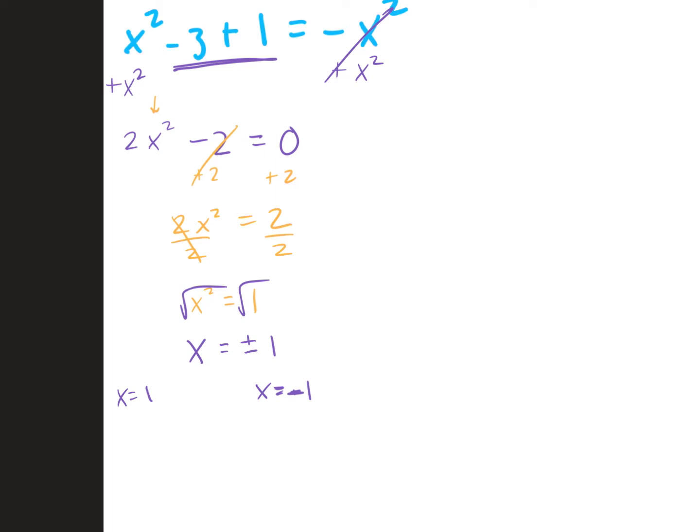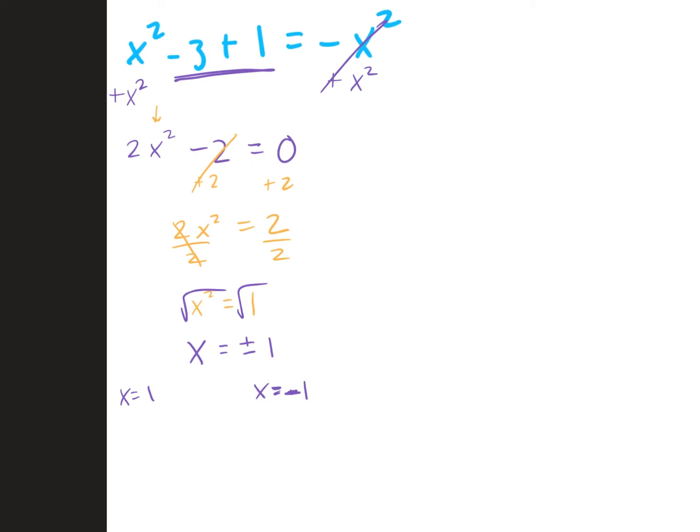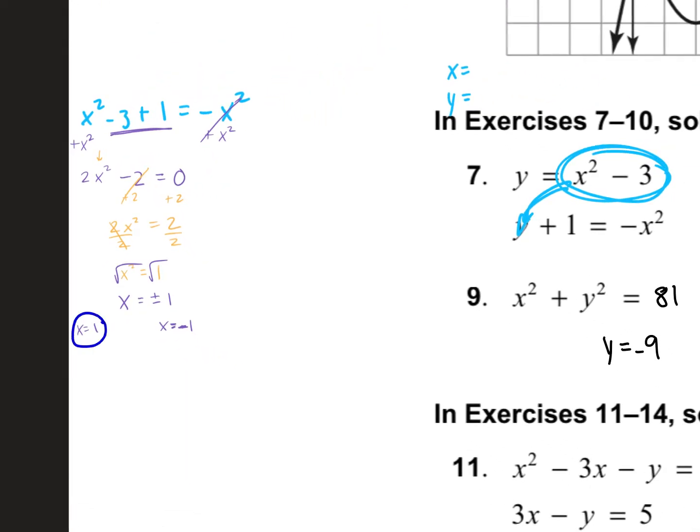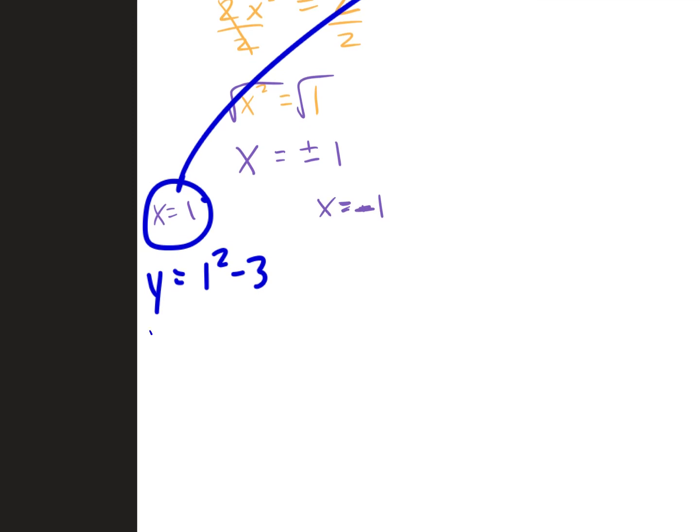Now how can I find the y's? Just plug in both x values into the original equation here. So I have y is equal to 1 squared minus 3. So y is equal to 1 minus 3, which is -2. How would I write my answer? 1, -2.